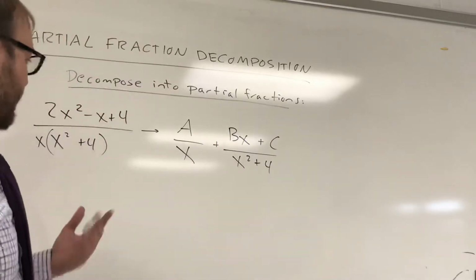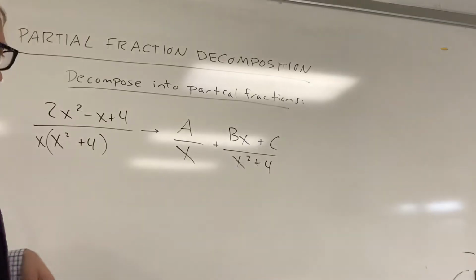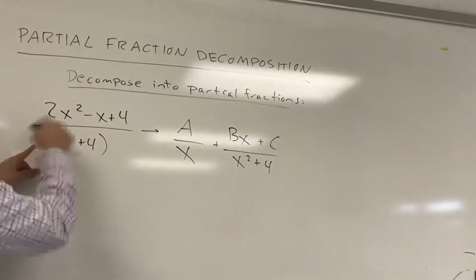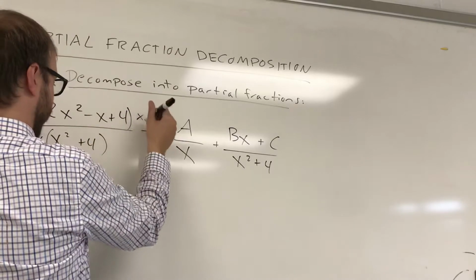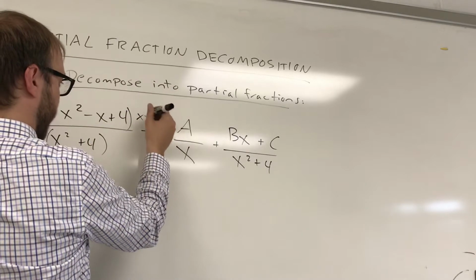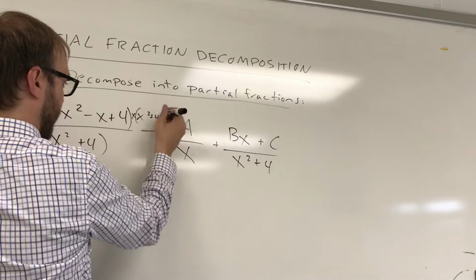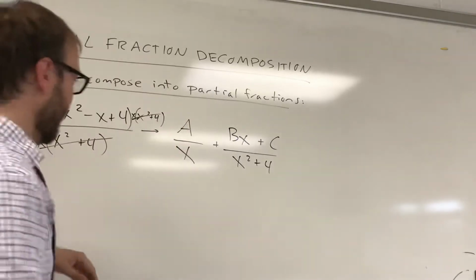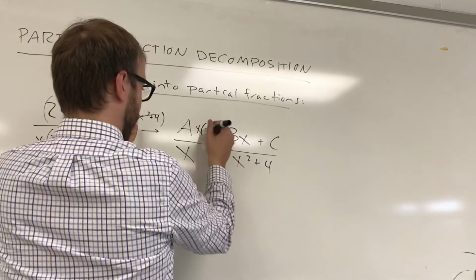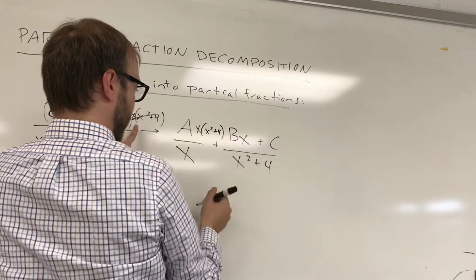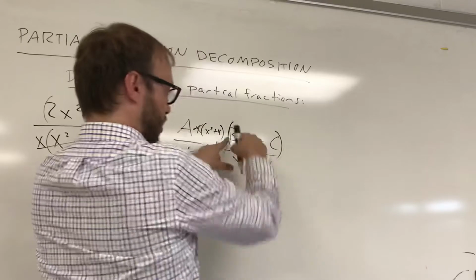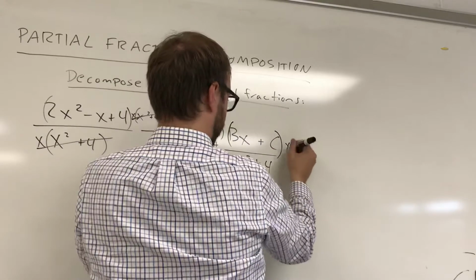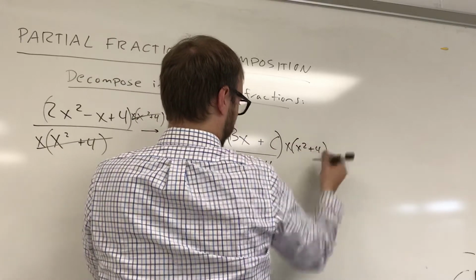From here, the process is very similar. You can multiply the numerator and denominator, or you can multiply by the common denominator. So here we're going to multiply by x times x squared plus 4. Okay, and that's going to cancel the denominator. We're going to multiply by x times x squared plus 4 here. That's going to cancel just the x. And we're going to multiply this numerator here by x times x squared plus 4, okay?